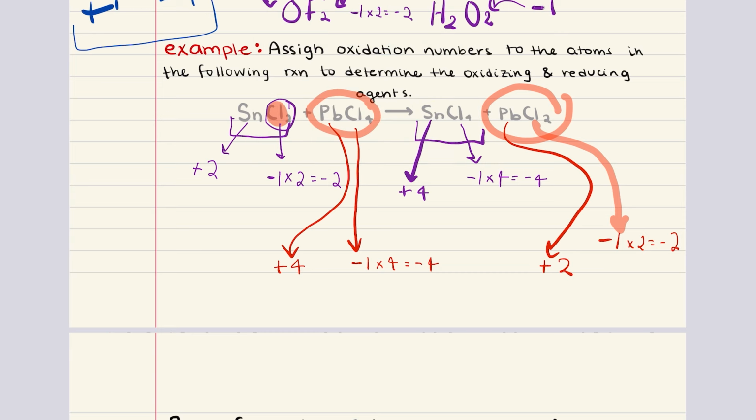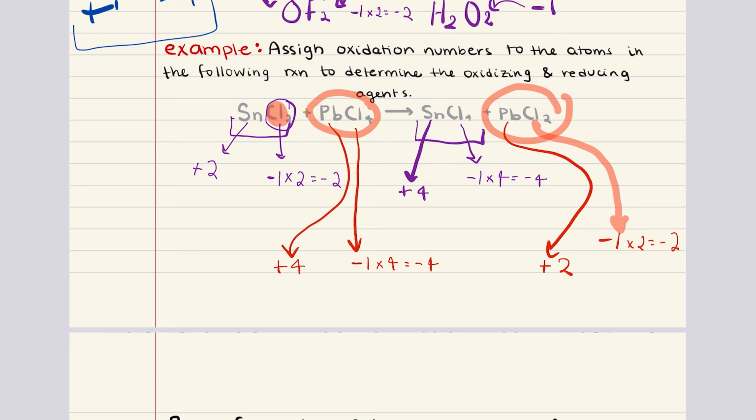Now, looking at lead, because the oxidation number of lead goes from +4 to +2, it gains electrons, and so it is reduced, making it the oxidizing agent. The sum of the charges on both sides of this reaction is equal to 0. So we know that charge has been conserved.